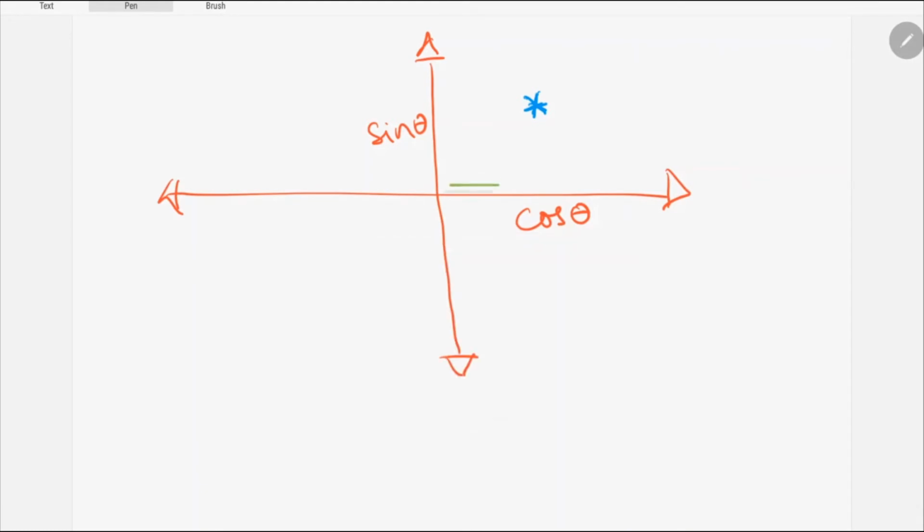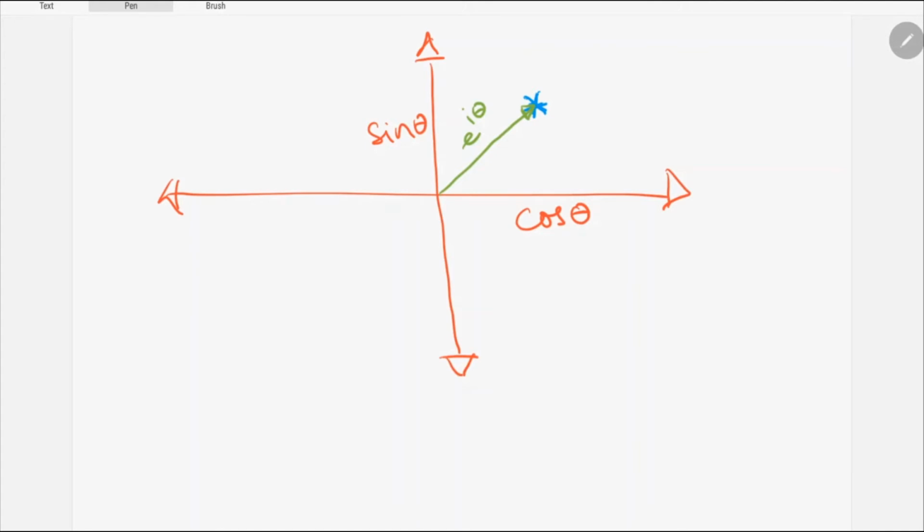Let's say I have a vector, e raised to the power iota theta. This is not very intuitive, I know, but the roots of this concept go a lot deeper into mathematics and abstract concepts, so let's not go into that and just stick with how we can track the location of this blue point over here.